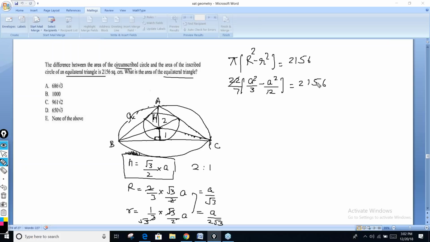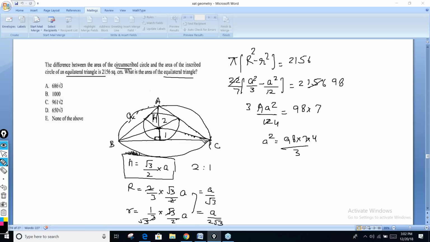So 2156 is 22 by 7 into 9a square by 12, the 7 goes to the other side. So a square comes out to be 98 into 7 into 4 upon 3.